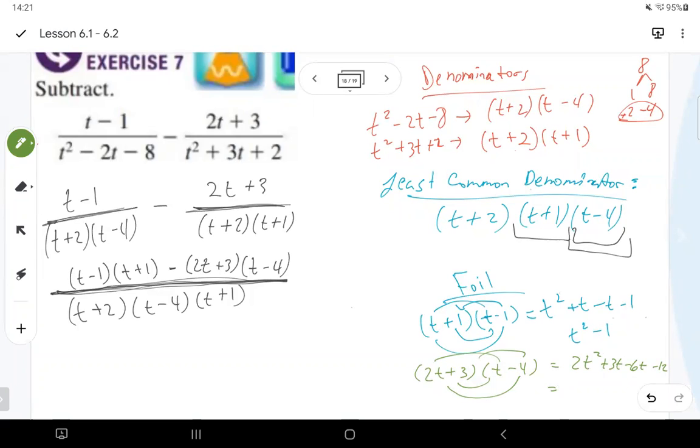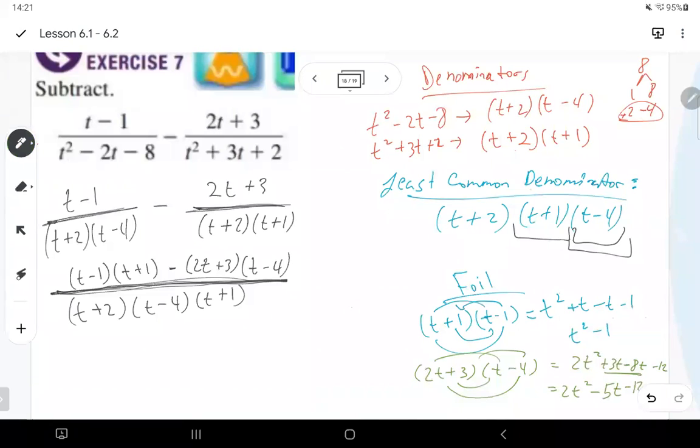Oh, that's actually an 8t. So these combine to give us 2t squared minus 5t minus 12.